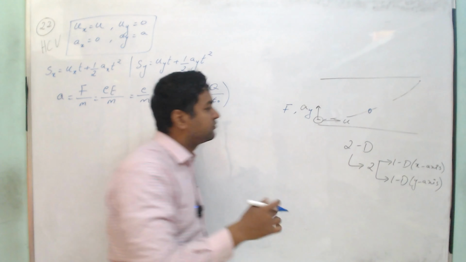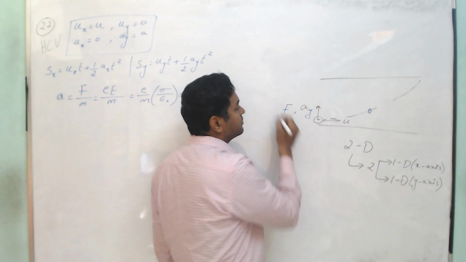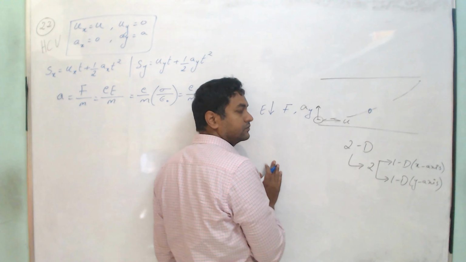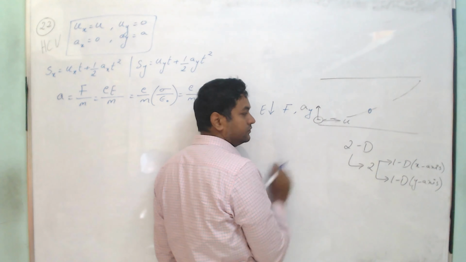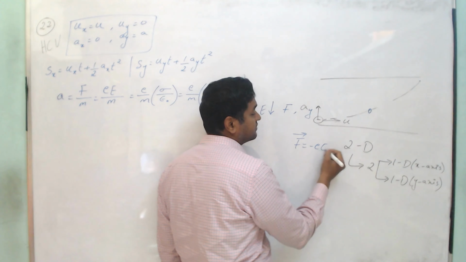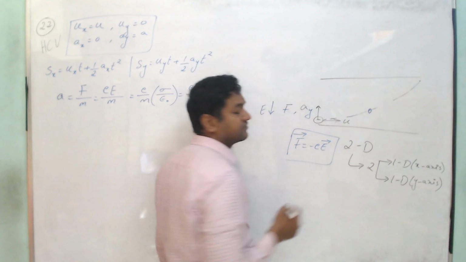Force is nothing but charge into electric field, so my electric field should be in the downward direction. Because my F bar is equal to minus e times E bar, because the charge of the electron is negative.